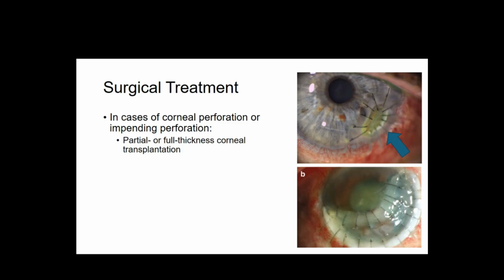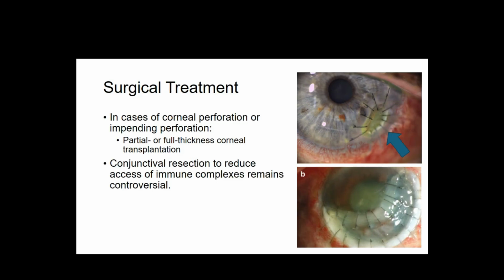Nevertheless, to save the eye, we often have no other possibility than to close the wound with either a small or large corneal graft, or sometimes one reaching up to the limbus and covering the whole corneal ulcer.